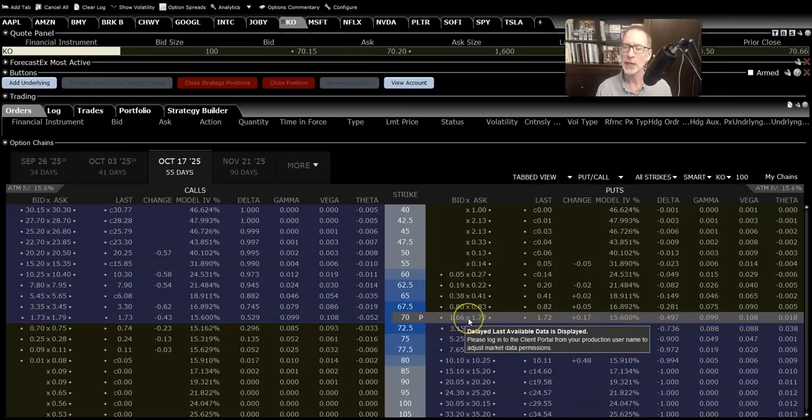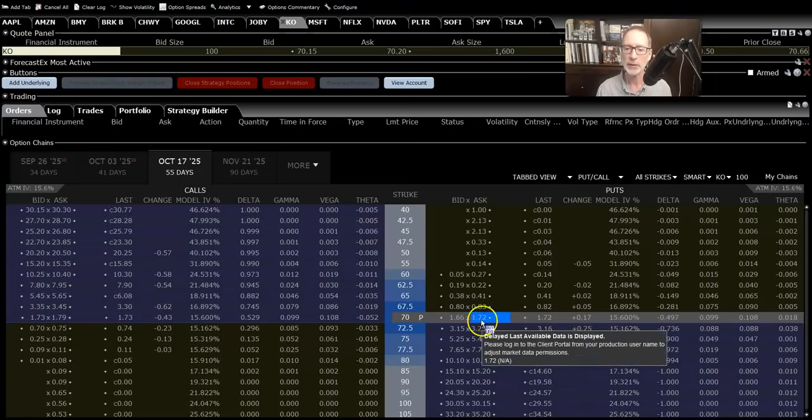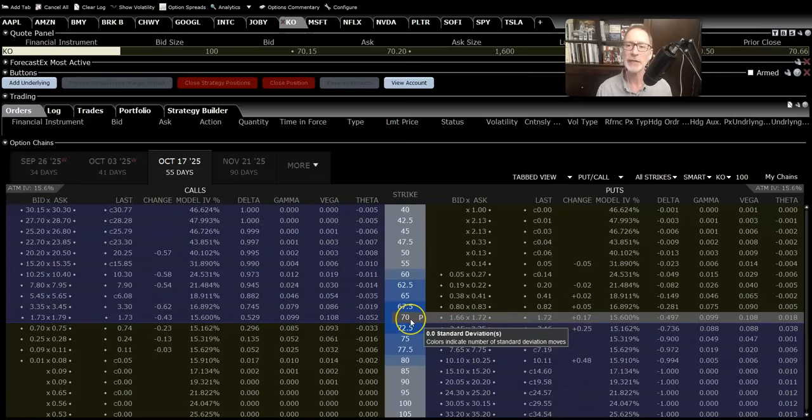Now what happens is you're on the hook to potentially buy 100 shares of Coca-Cola at $70 a share, but you got that $1.69 up front, which actually makes your cost basis $68.31 per share if you get assigned, because you can subtract the amount you received from the strike price. That gives you your actual cost basis. Now, all you have to do at this point is wait to see where Coca-Cola ends up in October.